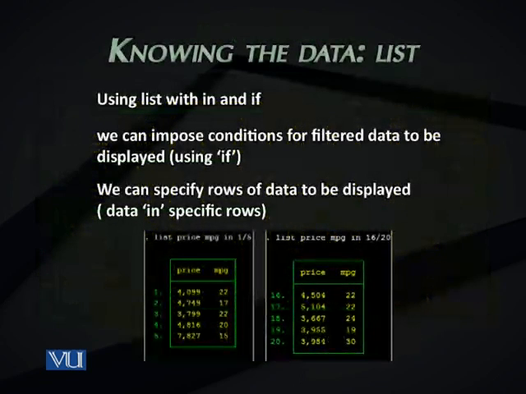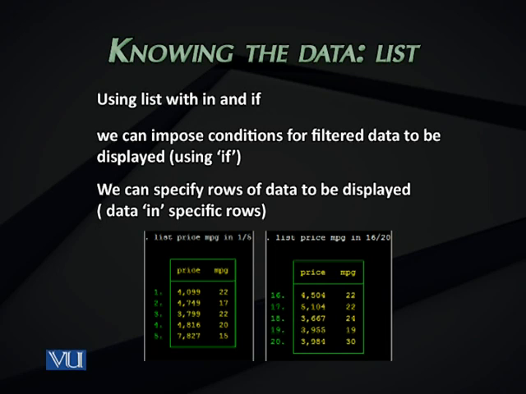You can use conditions with this list statement, even with describe statement, with almost all statements, that is in and if. Let's see what this in and if can do. So in the first case, you are seeing list price MPG in 1/5.